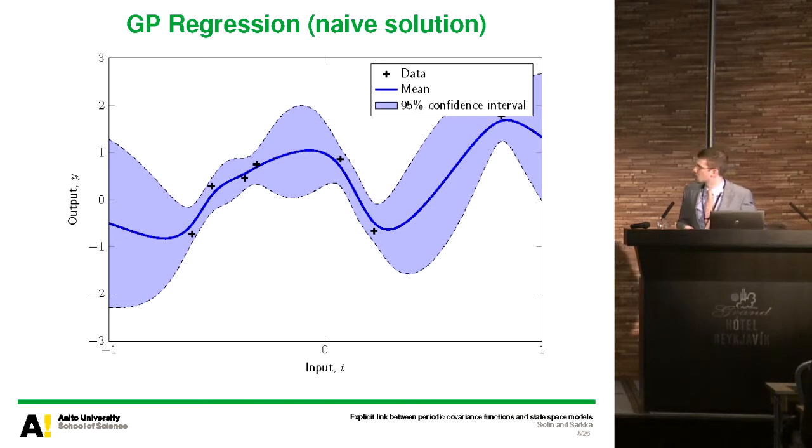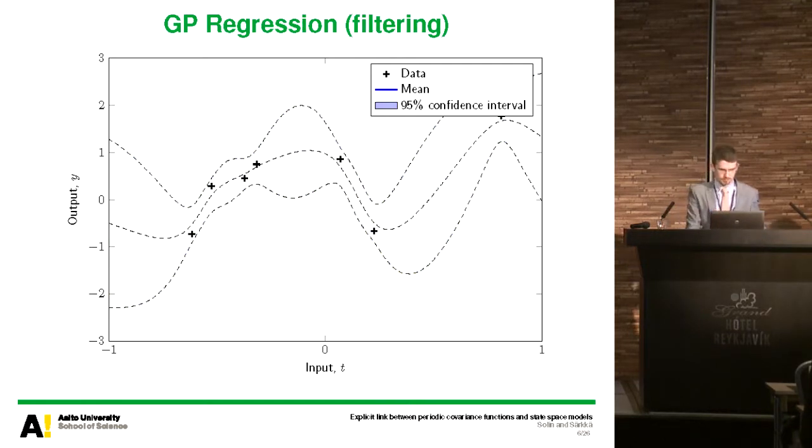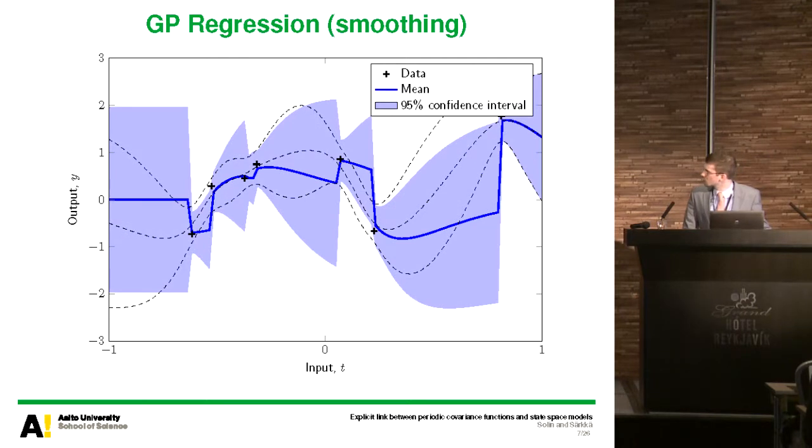Here, for example, is some simulated data points, and I have used the same kernel that was shown on the last slide and solved the inference problem. This is using the naive GP regression formulation. This same problem is here solved using the Kalman filtering approach. So it's solved sequentially for each point, making computational scaling scale as O(n).